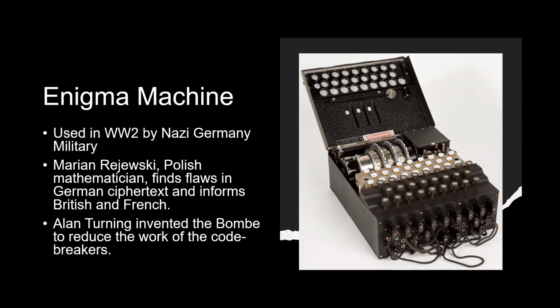Much like I said before, if you stick to the same cipher, eventually it will be solved. But during the height of the war, they started changing it up. And that's where Alan Turing came in to invent the bombe, which reduced the work of what they called code breakers, which nowadays we would call hackers.